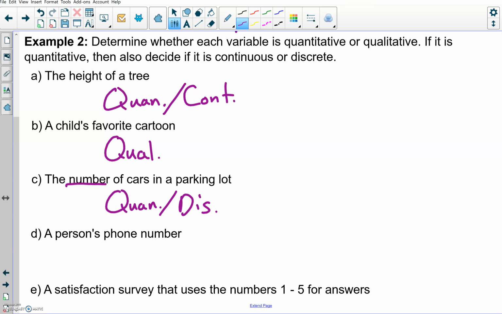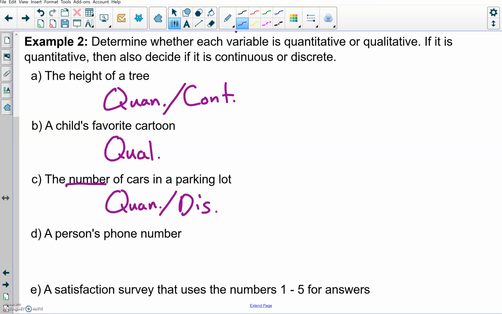And then a person's phone number. You might think number, oh, it's quantitative. But this is where you've got to really be careful. Just like the area code, it's a quality of a region. It has no meaning if you try to add these things together. If I took 2 people's phone numbers and added those together, it may not even be a real phone number anymore. If you start carrying numbers around, it might not even have the right number of digits in it anymore.